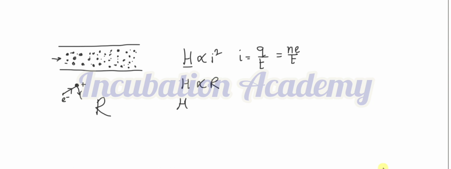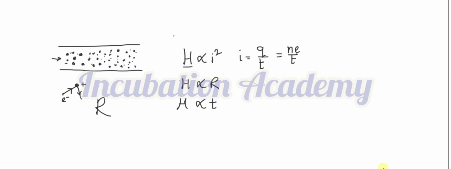Next, H is proportional to T. If the length of the conductor is long, or if through a loop it flows for a long time, then the electrons suffer more and more collisions, and the energy lost due to collision comes out as heat. So we can say this is the essence of Joule's law.